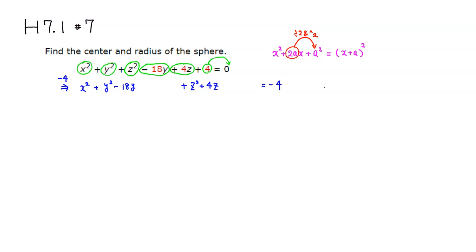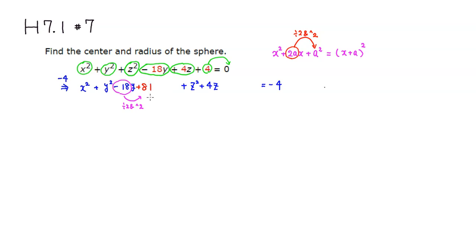Then here, in order to complete the square, we need a third term. To get there, I'm going to take half of the coefficient, so divide by 2, then square. We divide negative 18 by 2 to get negative 9, and square that, so it's 81.